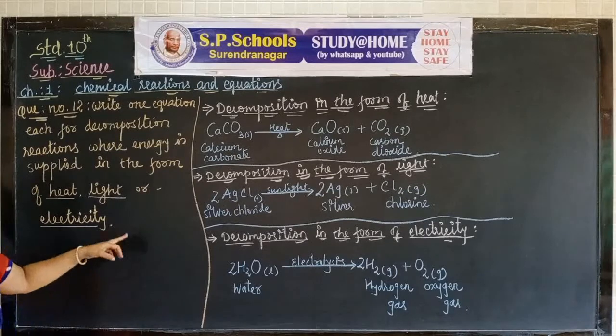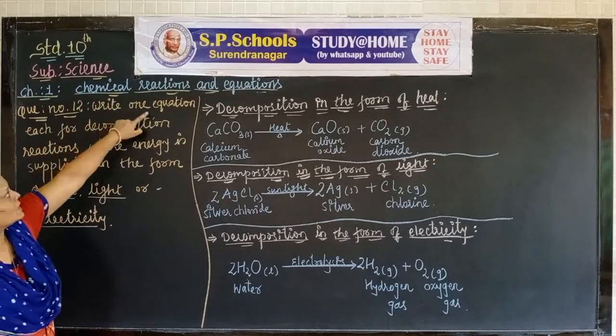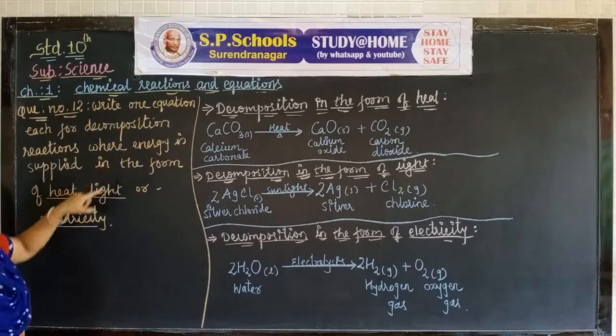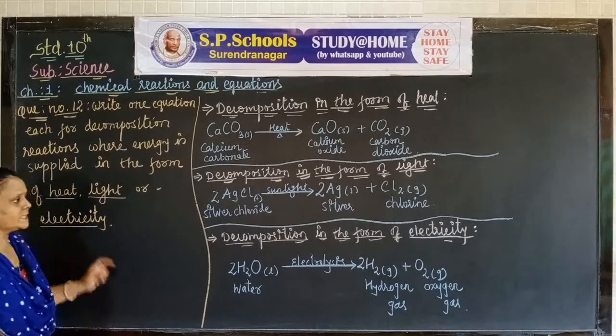In question number 12, you give the equation for 3. One equation for heat, one equation for light and one equation for electricity.